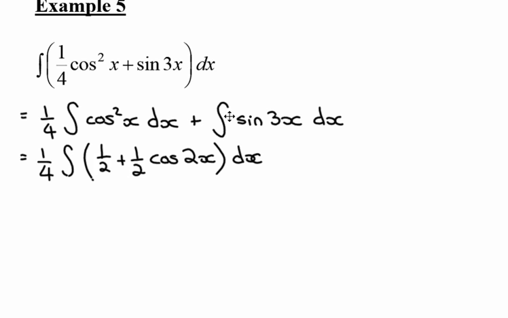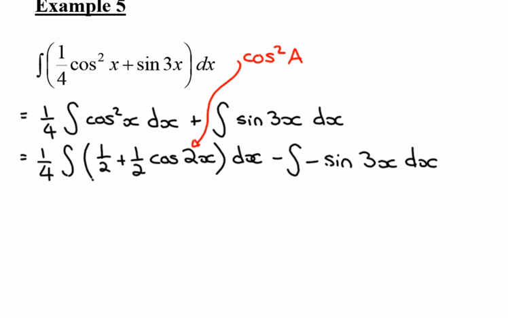Now we know we can only integrate negative sine 3x, so I introduce a minus outside and a minus inside to make that integrable. I think that's a word. So we can integrate it. So this one, just to make a note here, I got that from the identity that says cos squared of an angle is equal to half plus a half cos of 2 times that angle.